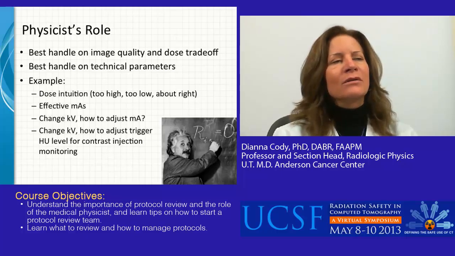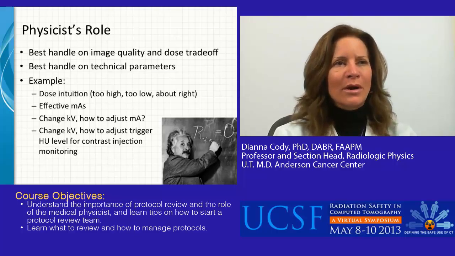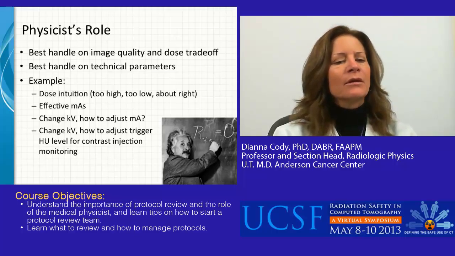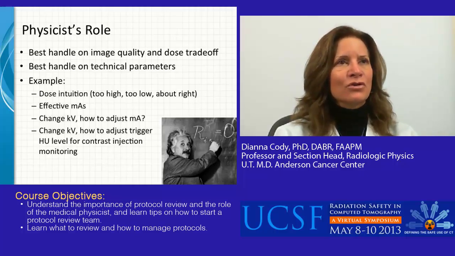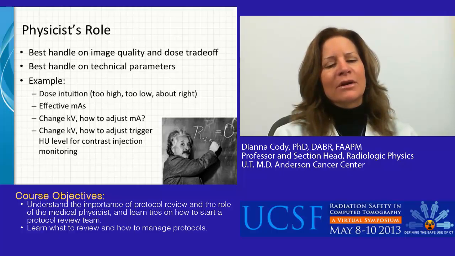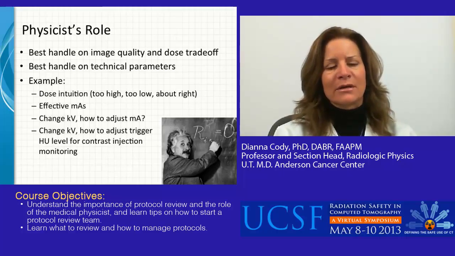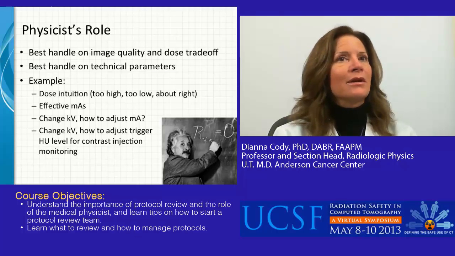For example, they might have dose intuition. What's too high, too low, or about right for a given exam? They may have much better understanding of this term called effective mAs. They can help you figure out if you're going to change kV, which is a very hot thing to do right now, how to adjust the mA.